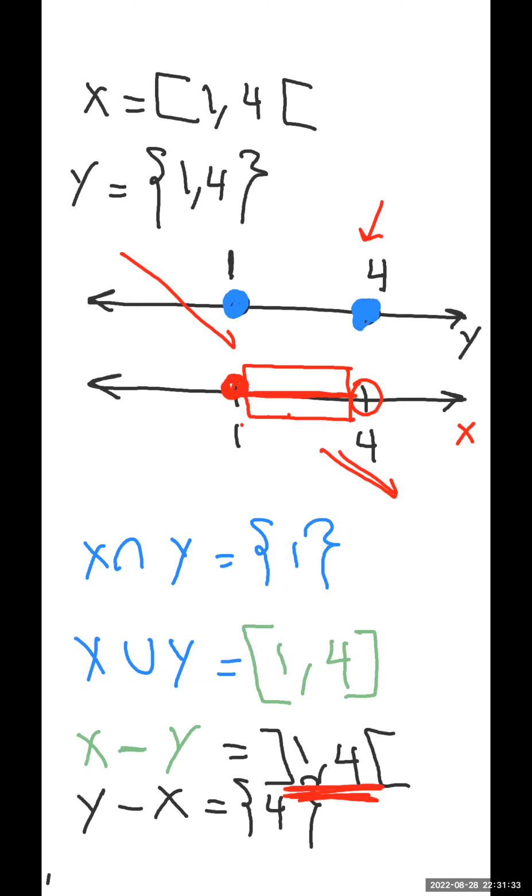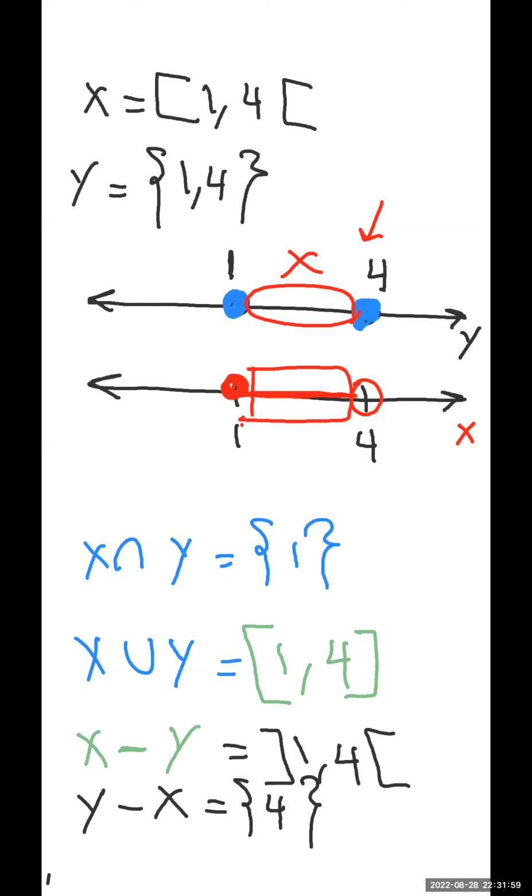Can you repeat it again? Again, the difference between X and Y is that area between 1 and 4, because it exists here, but not here. Do you think that 1 is a difference?